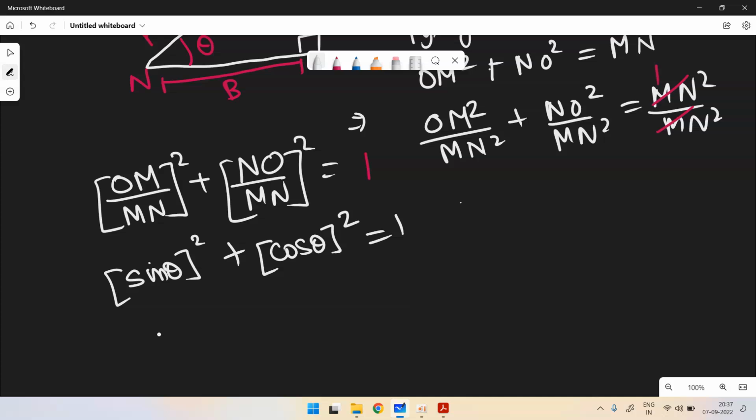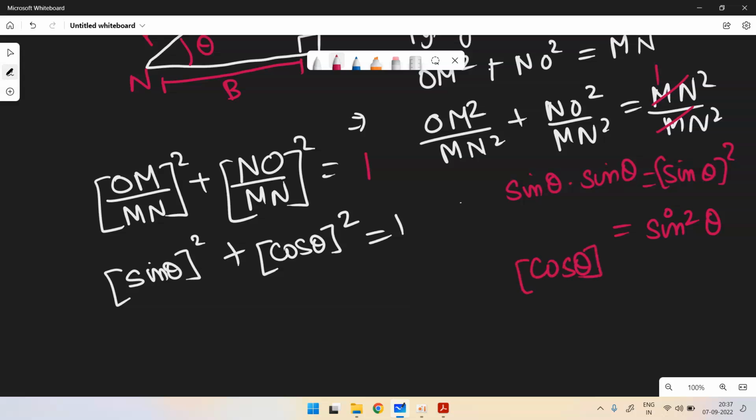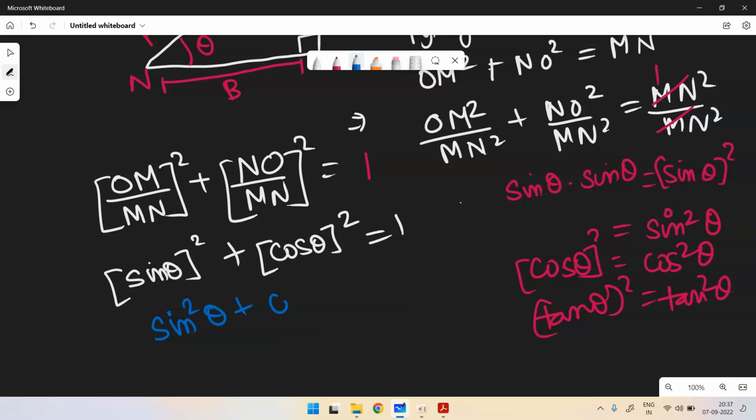Now, this is the property that sine theta into sine theta you can write as sine theta whole square, but in representation it is written as sine square theta. Similarly cos theta whole square is written as cos square theta, and tan theta whole square is written as tan square theta. So from here you can write sine square theta plus cos square theta equals to 1.